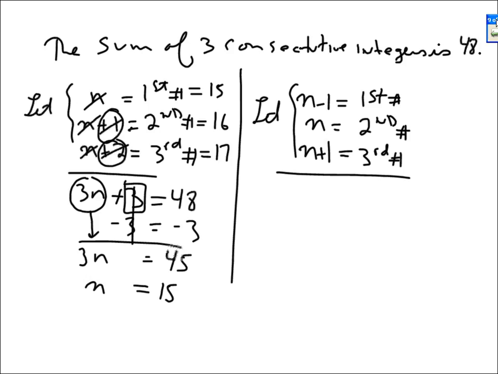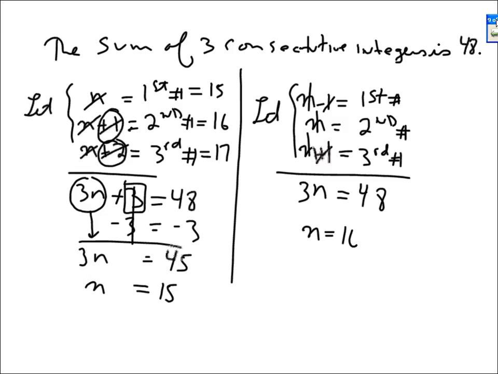Now, why do I think this is a little bit better? Well, if you take away 1 and you add 1, that's 0. So all you have is n plus n plus n, which is 3n. And that equals 48. The sum of the 3 numbers is 48.